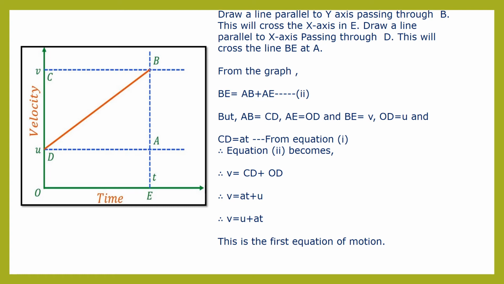Therefore v is equal to at plus u, that is v is equal to u plus at, and this equation is called Newton's first equation of motion.